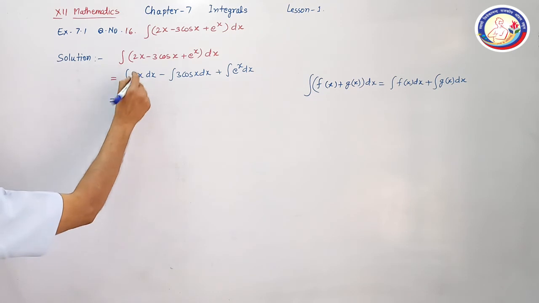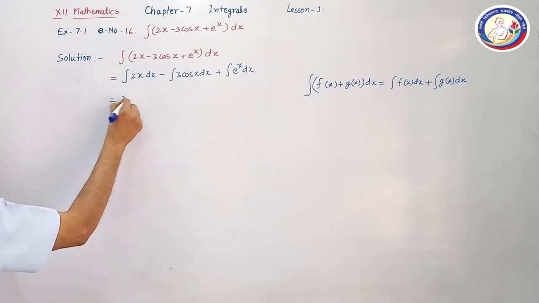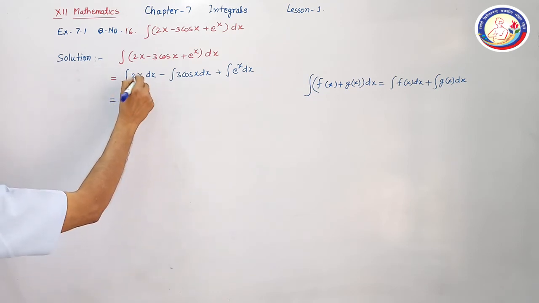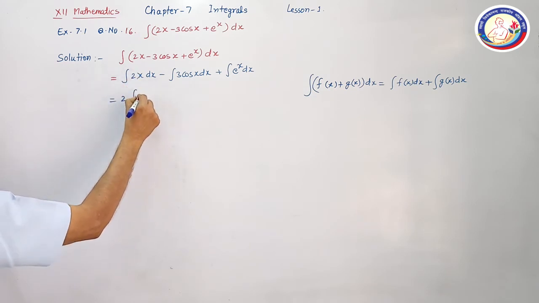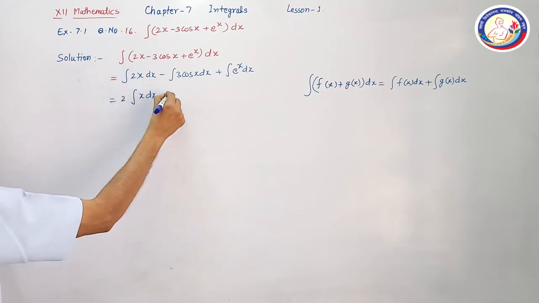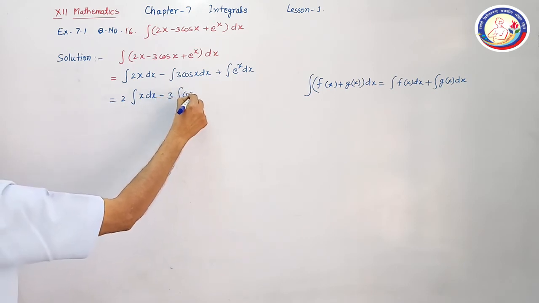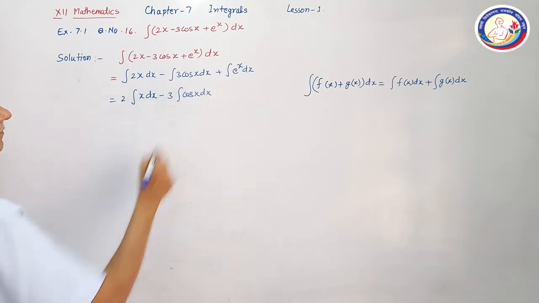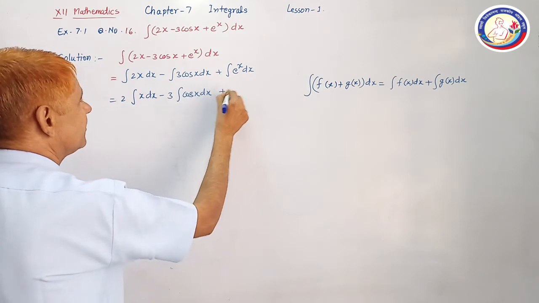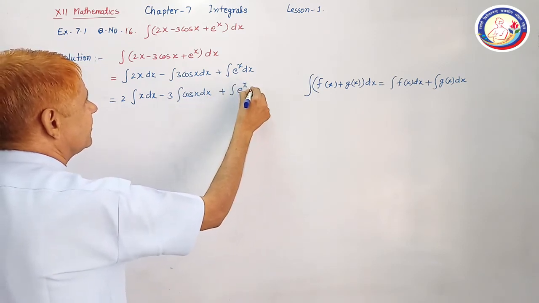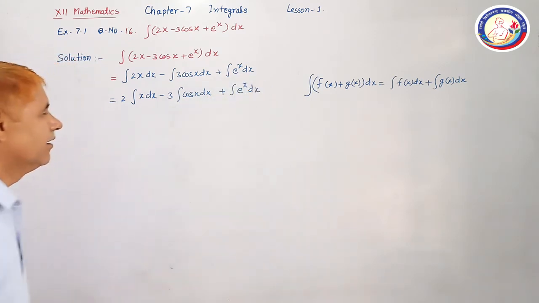Again simplify this. This is a constant, so take it outside the integral. It is 2 times integration of x dx minus 3 times integration of cos x dx plus integration of e raised to power x dx.